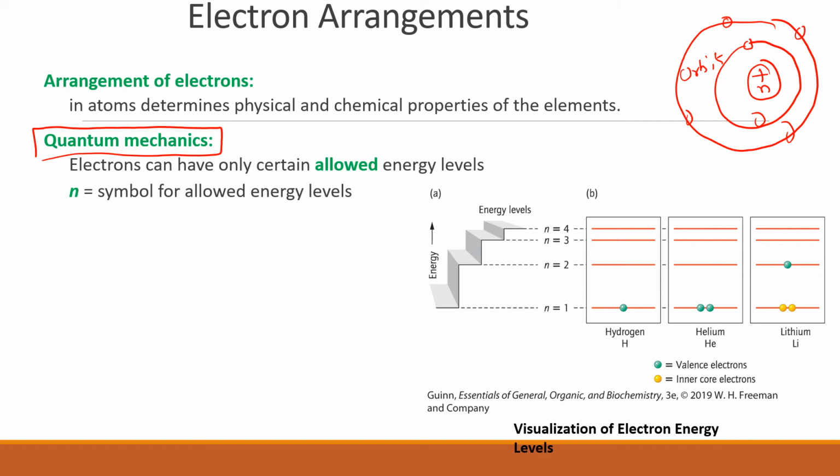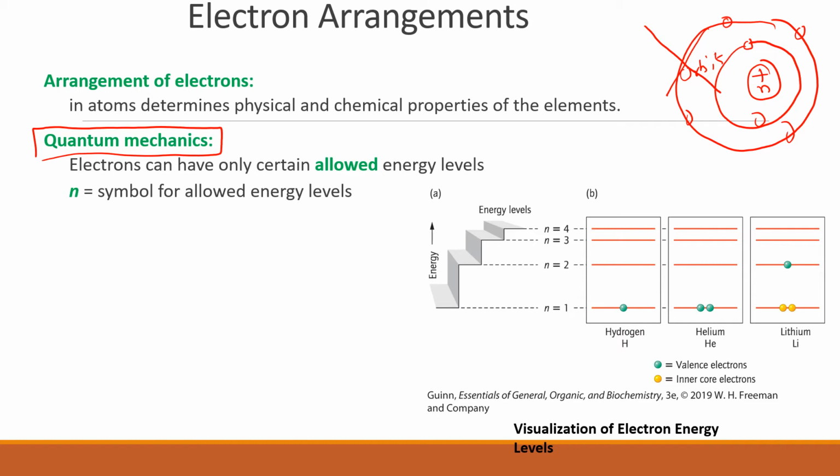But later it was found that this model is not an accurate representation of the structure of the atom. Electrons are not present in orbits. So this model was proven wrong.